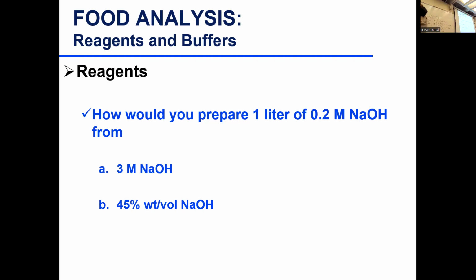So 45% in weight by volume, it's basically 45 grams in 100 ml. All right, convert this to molarity. What would the molarity be of this solution? Think about it and let me know when you have an answer.